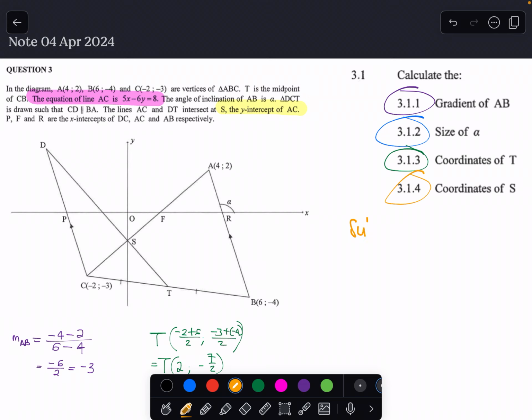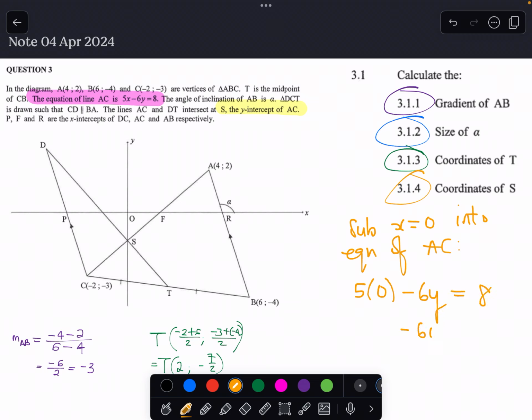So, sub x equals 0 into the equation of AC, and that gives us 5 times 0 minus 6y is equal to 8.